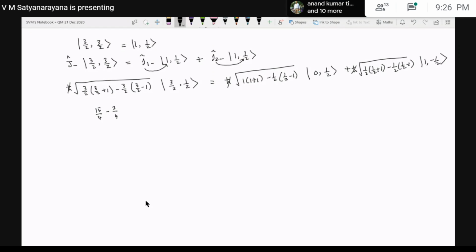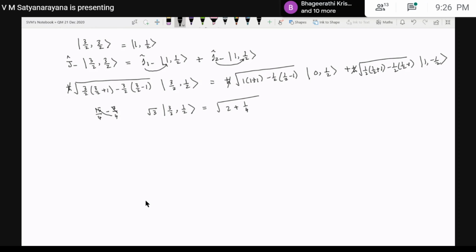Okay, so I think I have root 3 into 3 by 2, 1 by 2 is equal to, this is 2. So square root of 2 minus, the half minus 1 is minus half. So 2 plus 1 by 4.